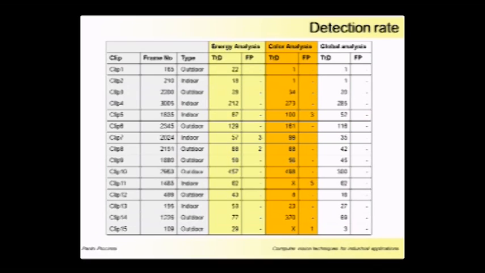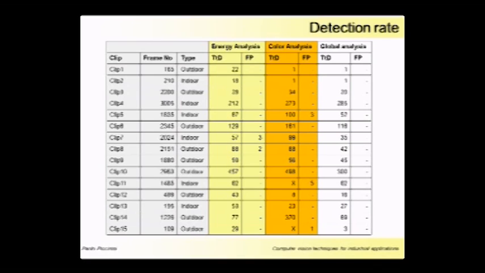This column is the result achieved using only the energy analysis, while the other column, called color analysis, shows the result achieved using only the color analysis. Finally, the last white column shows the result obtained combining color and energy analysis.